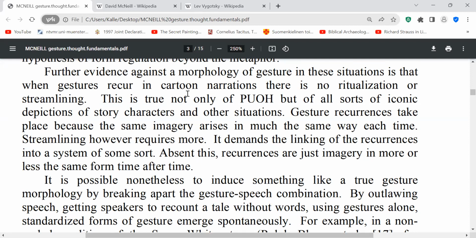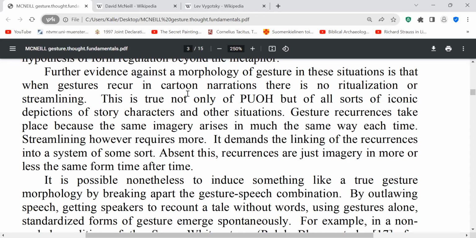Further evidence against a morphology of gesture in these situations is that when gestures recur in cartoon narrations, there is no ritualization or streamlining.